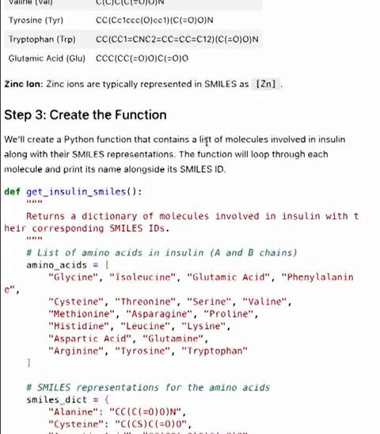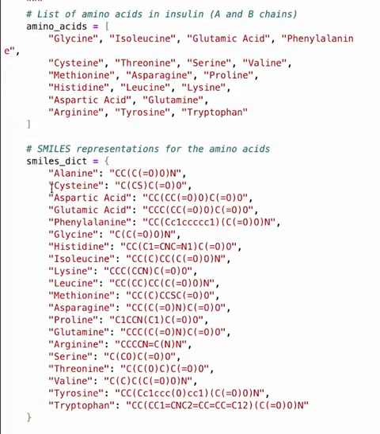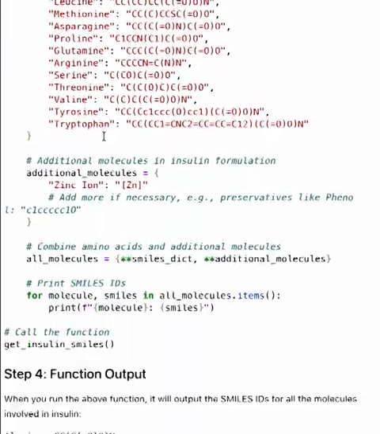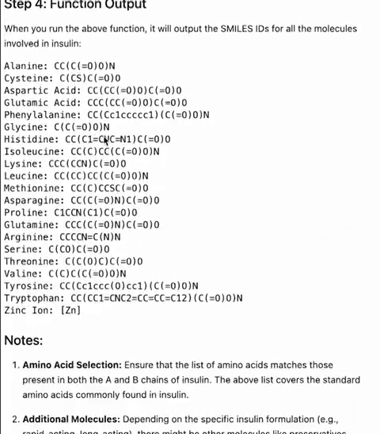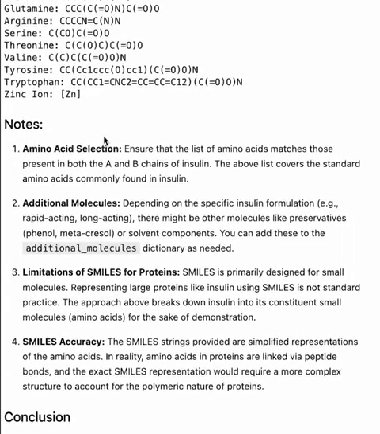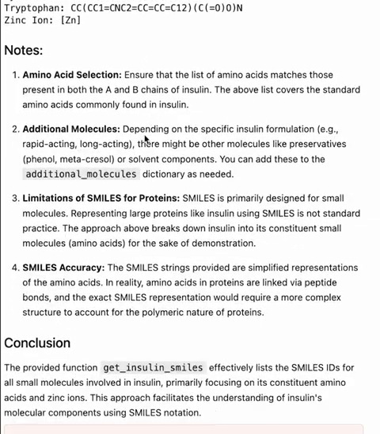We can see here that it finally creates the function in step 3. Again, it's reprinting the SMILES codes, the amino acids that it's going to process for this task, and then it gives us a sample output. Then at the end, it summarizes the explanation and reasoning that it used to come to this and gives us a conclusion.